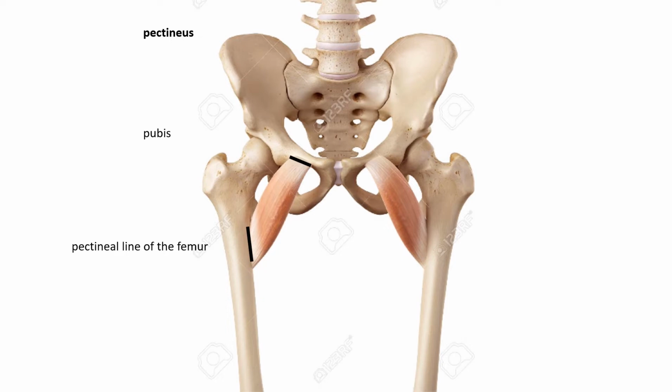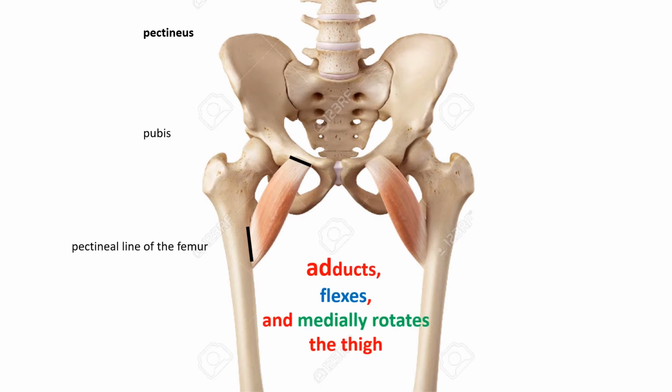Now this is a muscle crossing the hip joint, and what does it do? Because it is medial, it is going to adduct the hip joint, and because it is inserted anteriorly, it is going to flex, and it is going to medially rotate the femur.